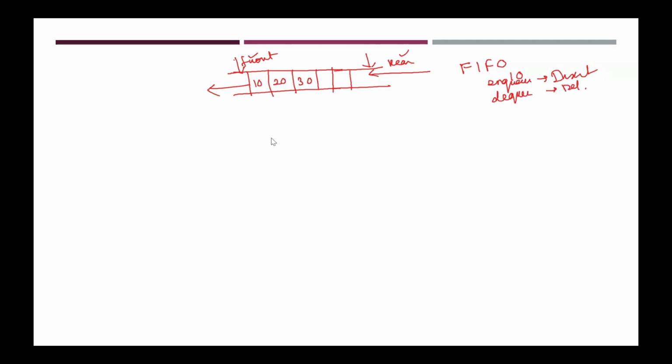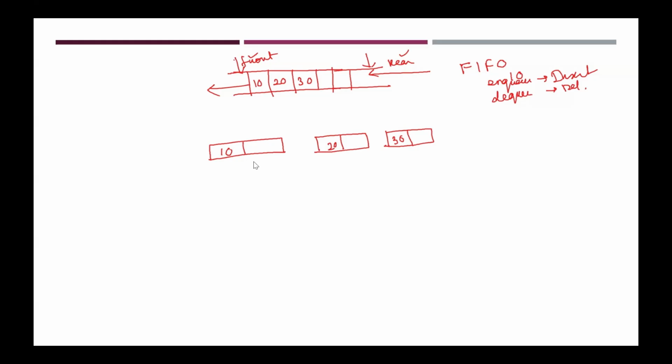Now the first question: how can we represent the data in a linked list? As we know, a linked list consists of nodes. For example, these three elements we want to store. First store the information part, like 20, 30. Now in three nodes we store the data, but they are not connected.